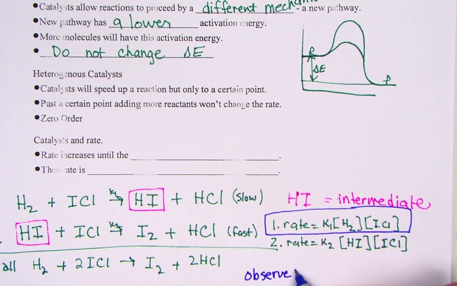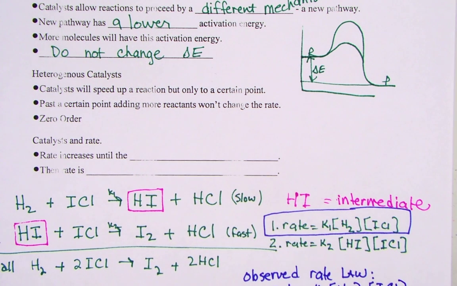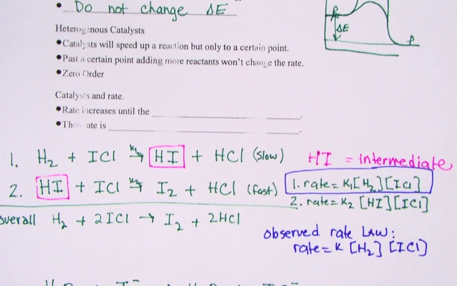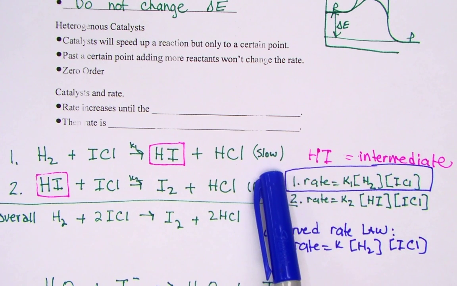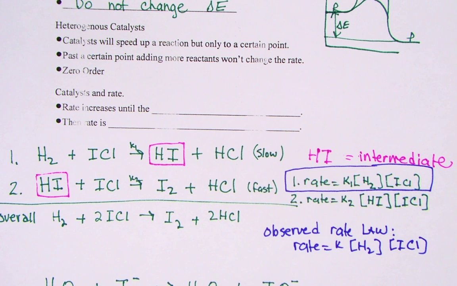If the first step is slow, it gives us directly our observed rate law. So rate is equal to K times the concentration of H2 times the concentration of ICl, first order with respect to both reactants, second order overall.